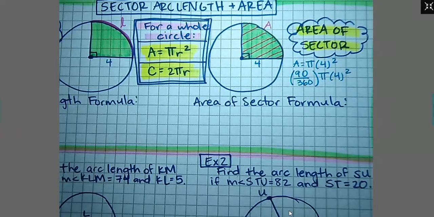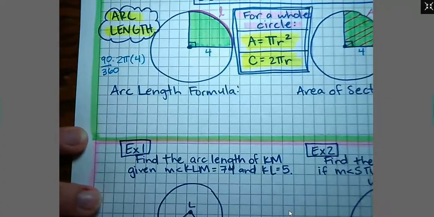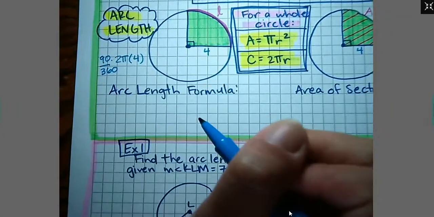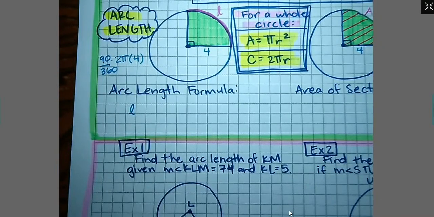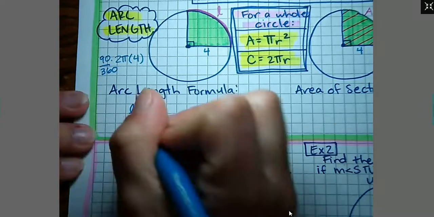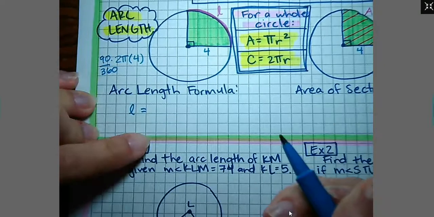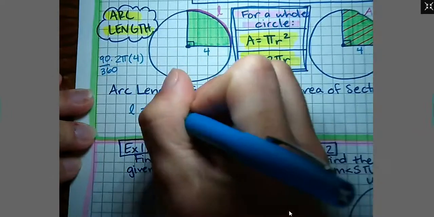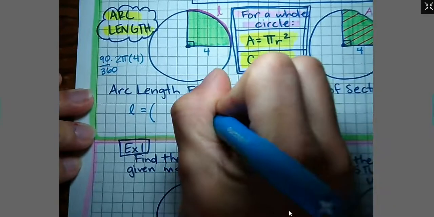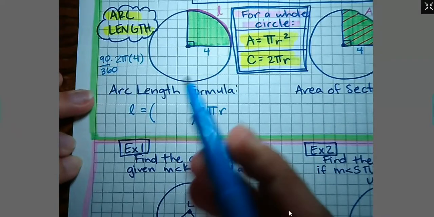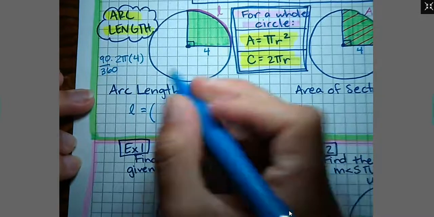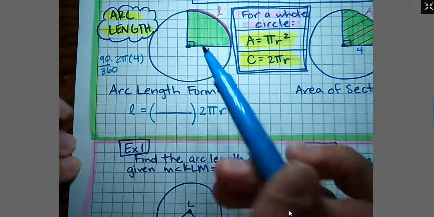So what this formula really is, we're going to call this L. This is arc length. Usually you're used to seeing C, which means circumference, but this is going to be arc length now. The circumference formula that we know is 2 pi r. But now we're going to have a fraction, which is the degrees that we're looking at.